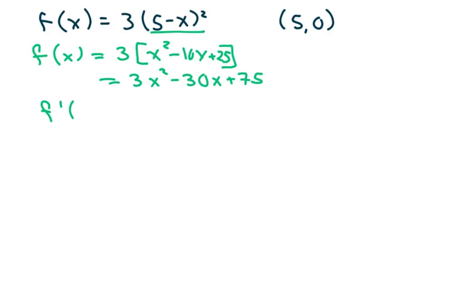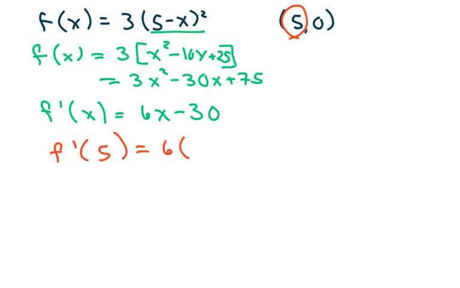And we take the derivative of f of x, and you get 6x minus 30. And then we're just going to plug in our x for the slope. And so you get 6 times 5 minus 30, and that just equals 0. So the slope is 0.